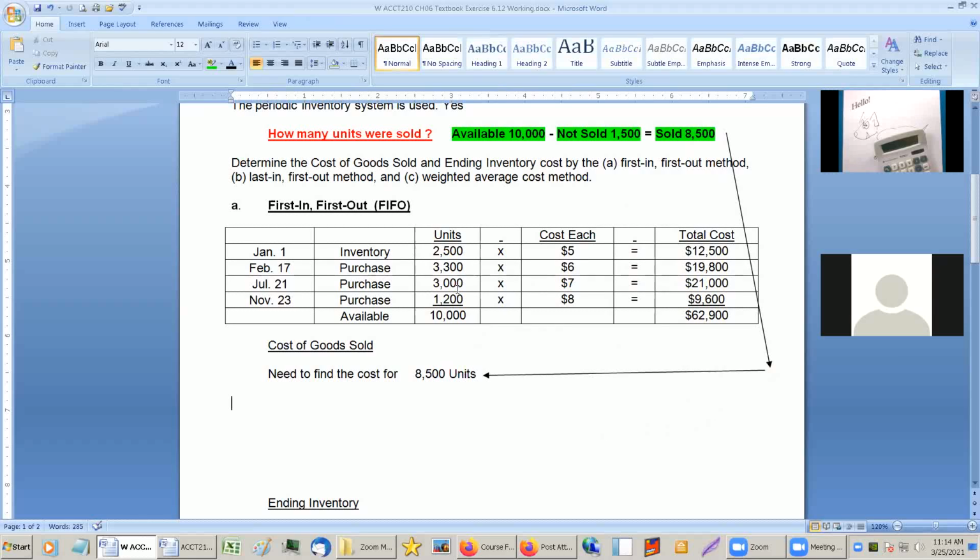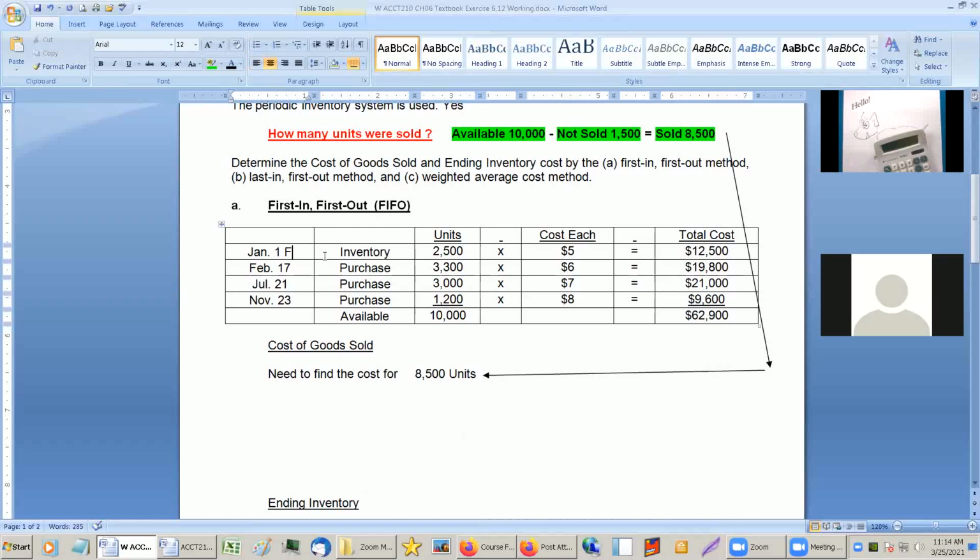Kind of go around the horn here. So this is where we define the cost for 8,500 units. And so the question is, where do we go to first? So which ones were the first ones in? Yeah, January 1st. So these are the first ones in.